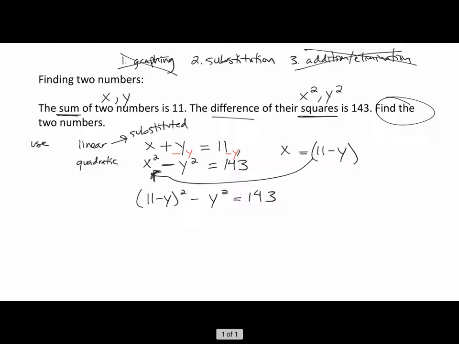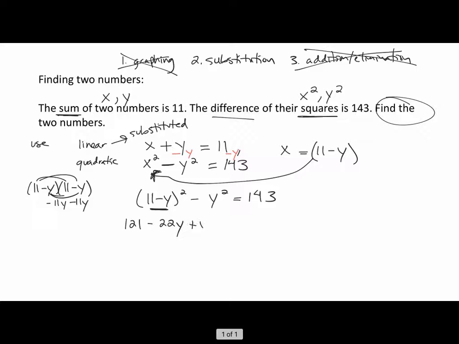I'm done with x. So first I need to expand 11 minus y squared. And this is where mistakes tend to happen, so you want to make sure you distribute each term to each term. So you've got 121 minus 11y minus 11y, so minus 22y altogether.